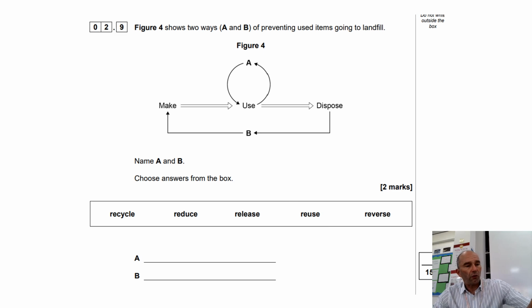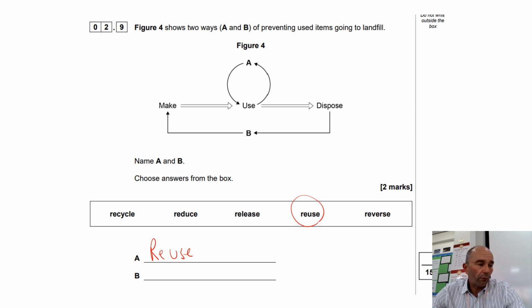And then final part of question 2. So we've got a diagram shows 2 ways, A and B, of preventing used items going into landfill. Again, we've got some choices to use. We need to name processes A and B. Now, section A, we've got the use part of it, and that's going around in a cycle. So it's going to be reusing. So part A, we need to reuse.